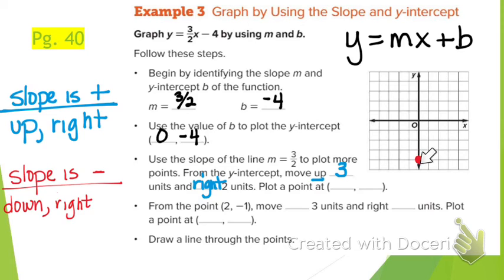Hop up 3 times. 1, 2, 3. And then go to the right 2 times. 1, 2. And put a point right there.